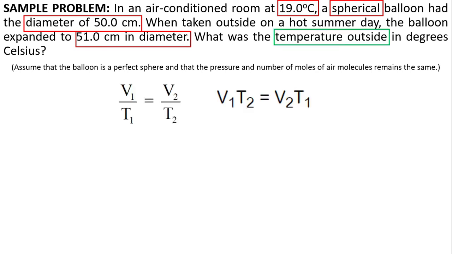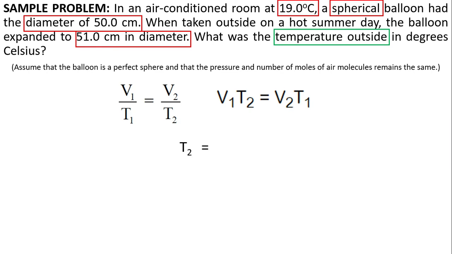So let's have the formula first. V1 over T1 is equal to V2 over T2. But I prefer using V1 T2 is equal to V2 T1 because I hate fractions. Okay, so since we're looking for the final temperature, we can have this formula: V2 times T1 over V1.